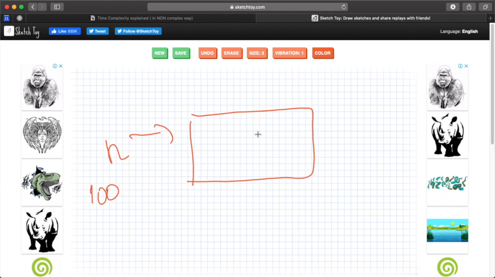If we give that to a program, and let's say the time this program takes to find the one product we are looking for is 100 seconds, or it can be any unit of time, minutes. So we don't worry about the unit for now.